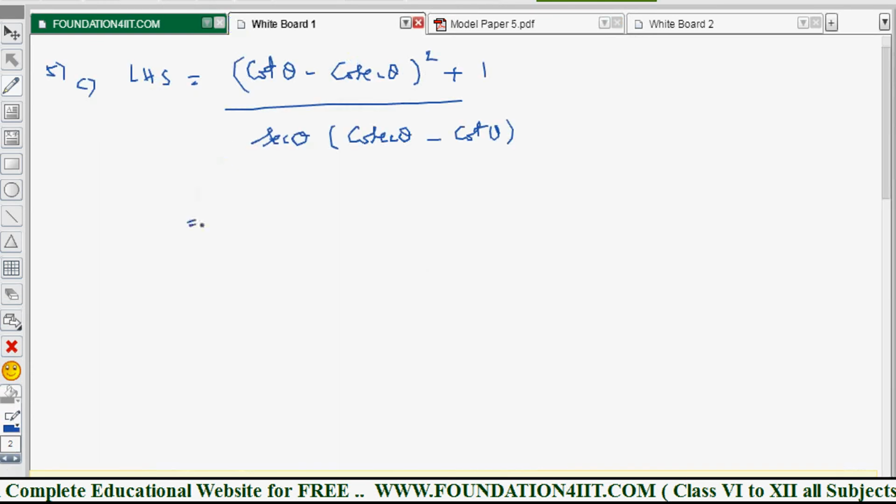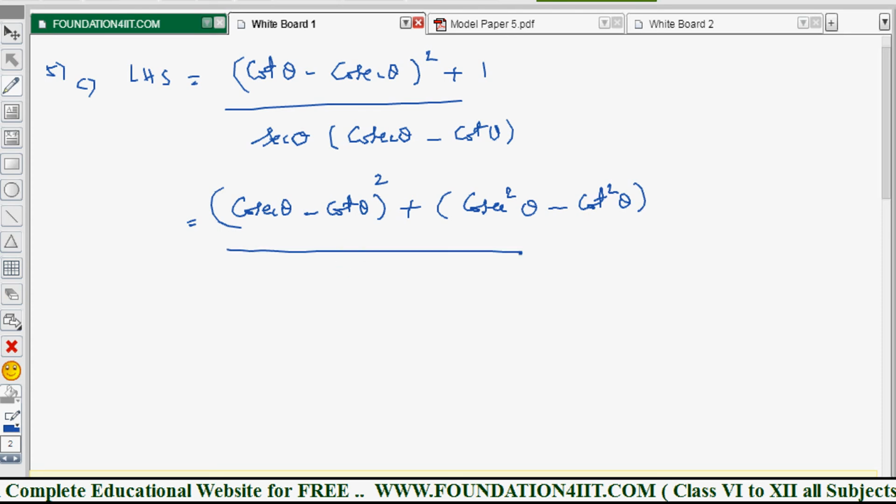Now we apply the (a minus b) whole square formula. Actually, (a minus b) whole square is the same as (b minus a) whole square. So I am writing (cosec theta minus cot theta) whole square, plus, in the place of 1, just write cosec square theta minus cot square theta, because 1 is equal to cosec square minus cot square.